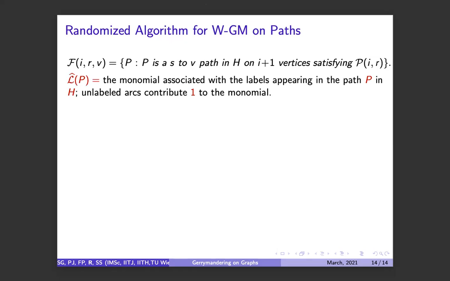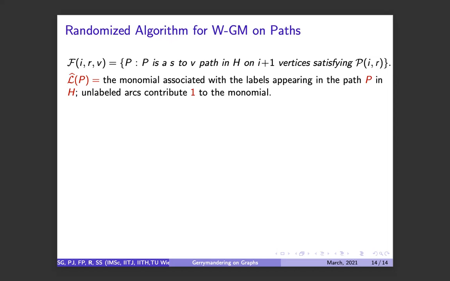Okay, so what do we do? Again we have this candidate comma integer as the labels, and corresponding to every label I want a variable, and if the variable appears twice, your monomial will not be linear, right?